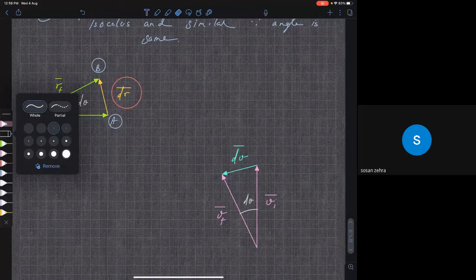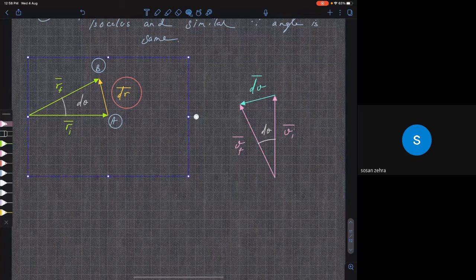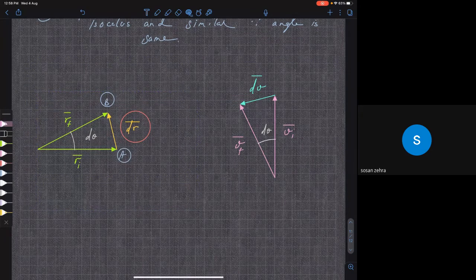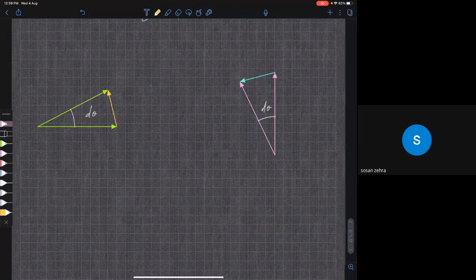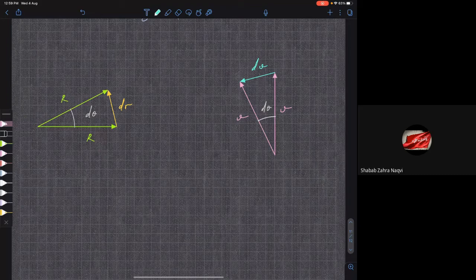Now if I want to write the magnitudes here, what will be the magnitudes? This will be dr, this will be r, this will be r, and this will be v, v, and what will the top one be? dv. Clear?